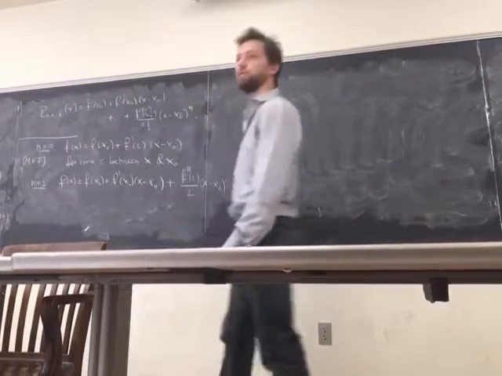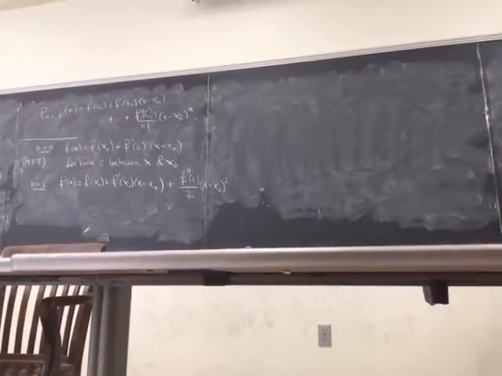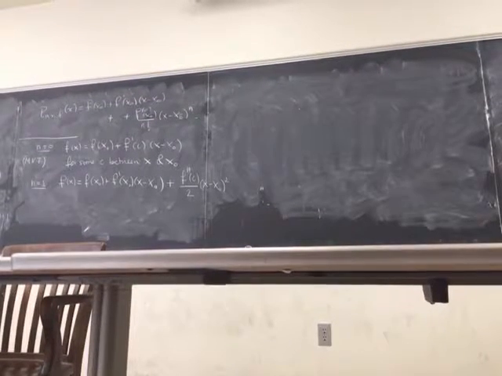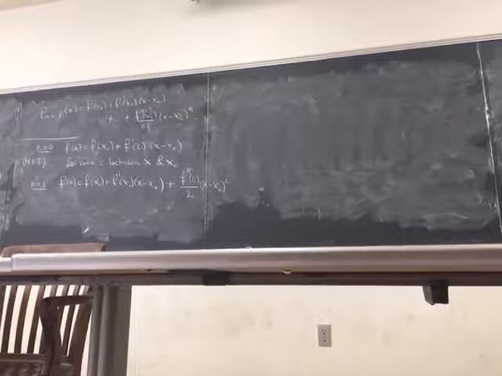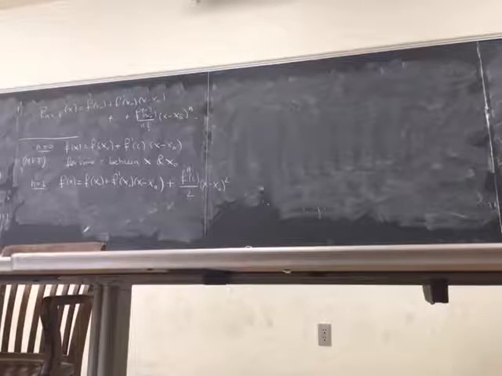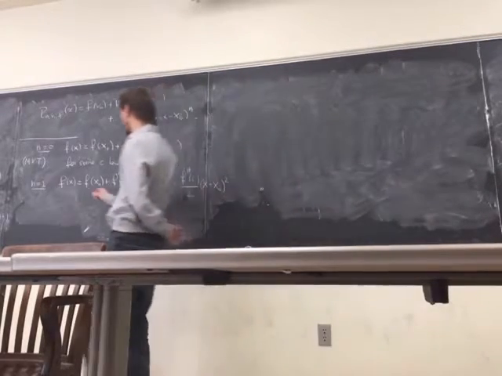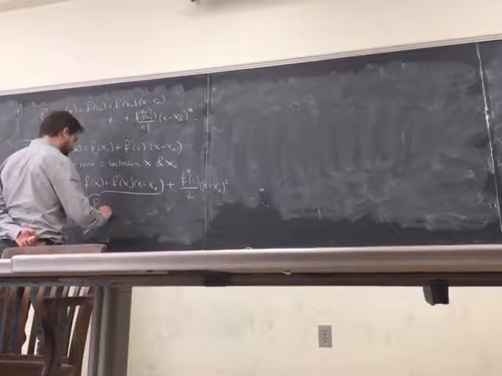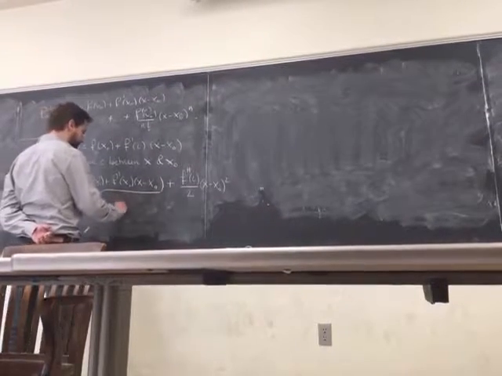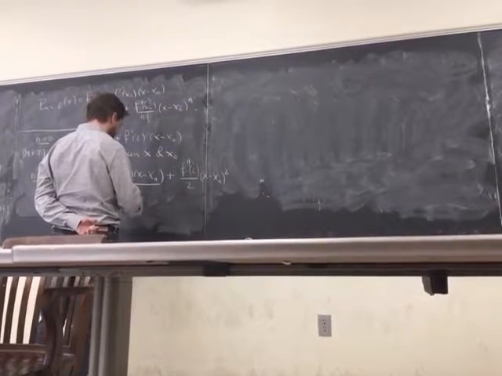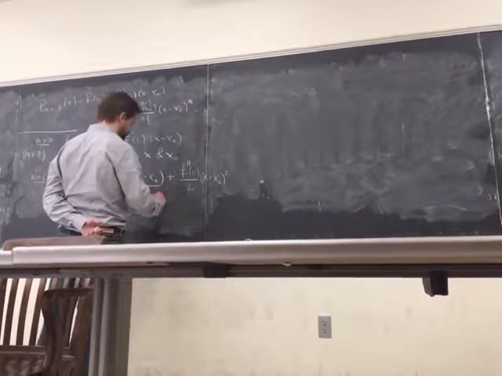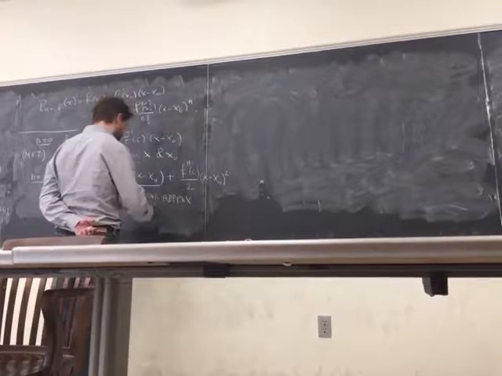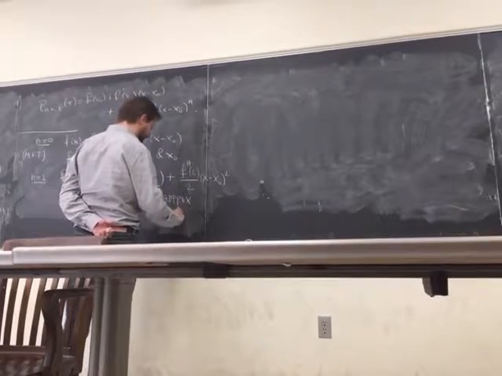So the case n equal 1 of Taylor's theorem is about the distance between f and its linear approximation, right? This would be P1 at x naught of f at x, which is the tangent line, the linear approximation of f at x naught.